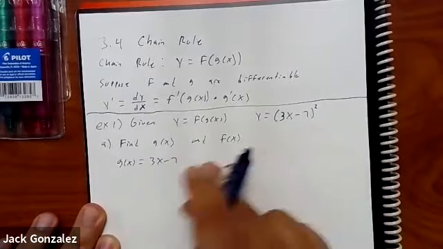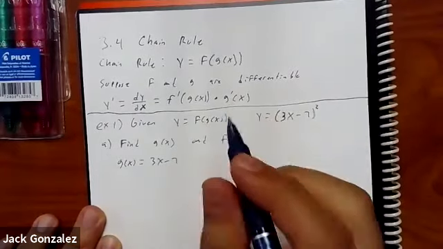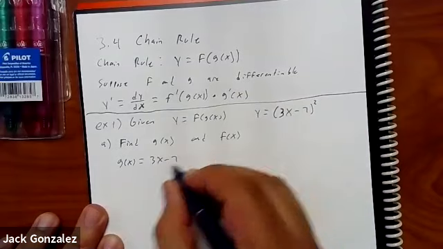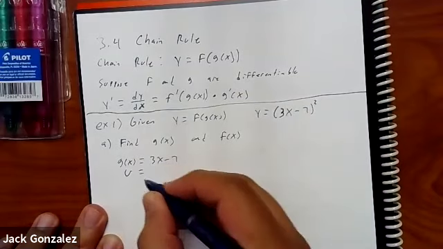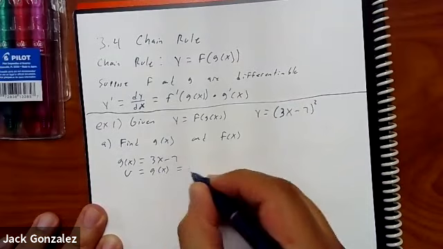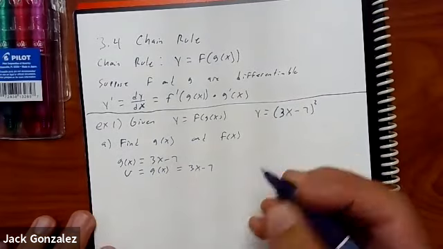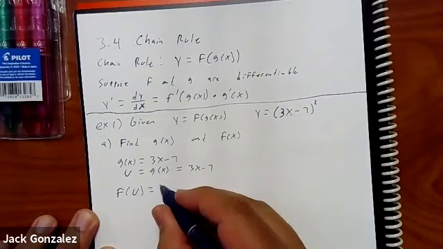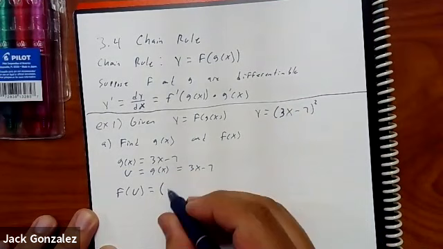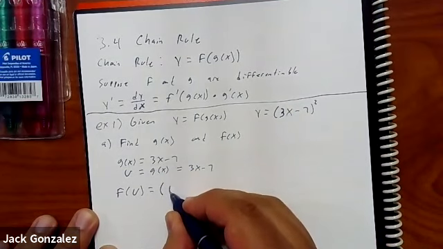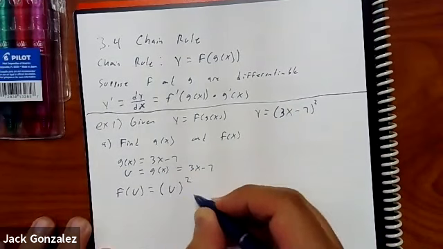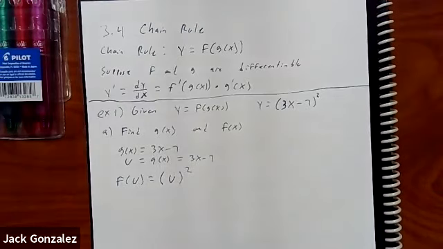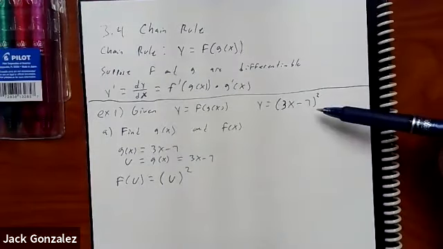So in the book, in the homework, they call this u right here. So f of u is going to equal u squared. So I'm skipping a step there. So long as you can identify it, the formula will be very, very straightforward. Shouldn't be too bad.